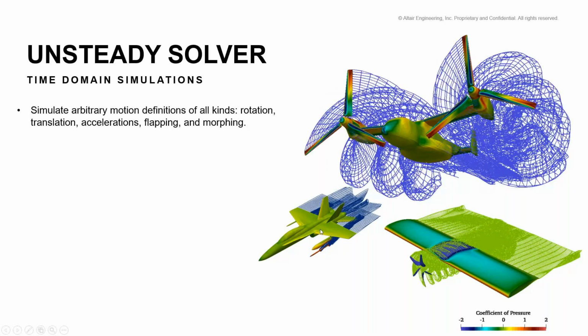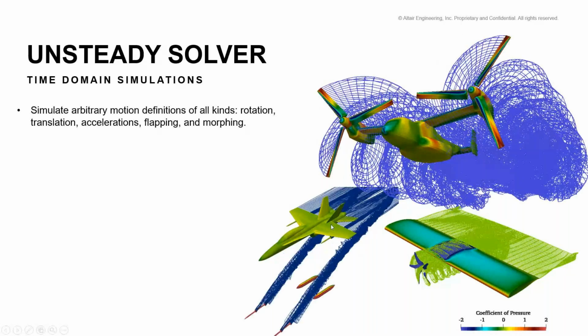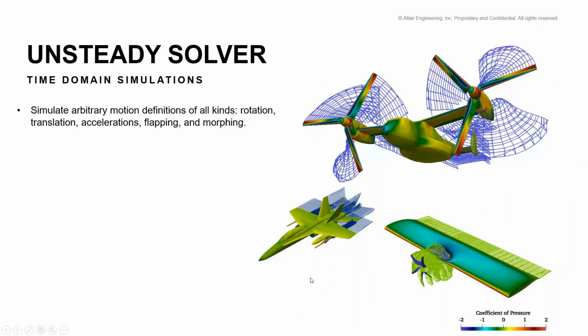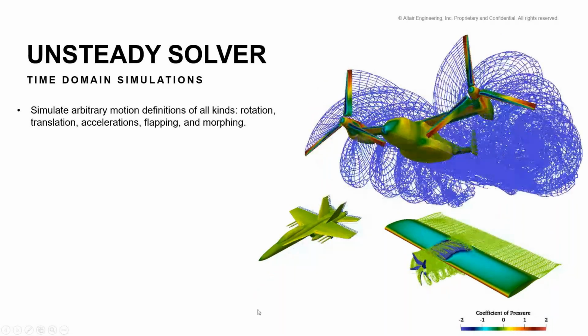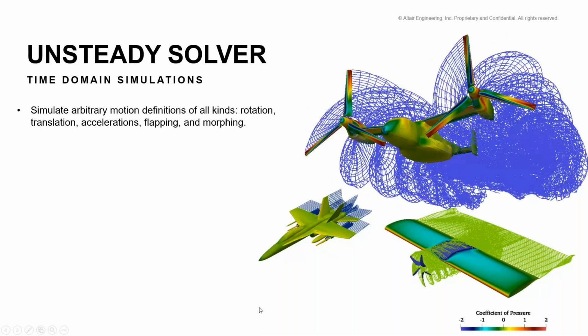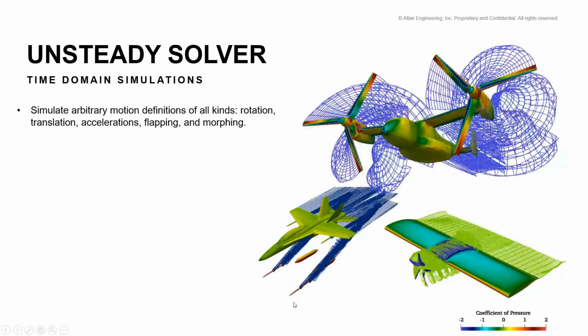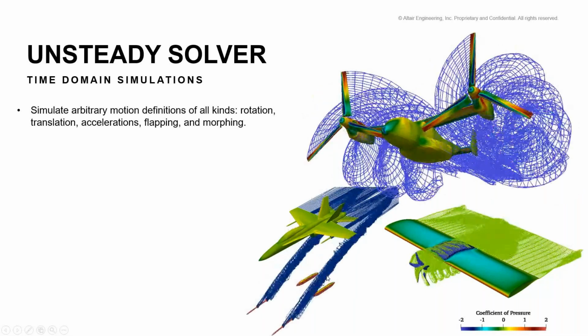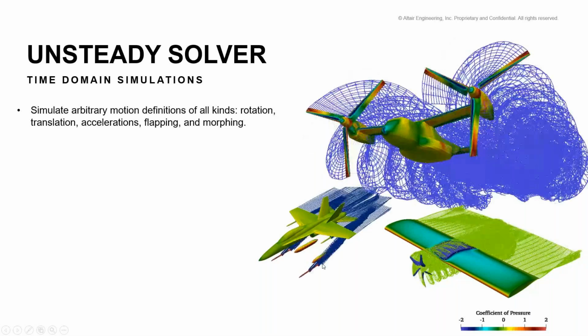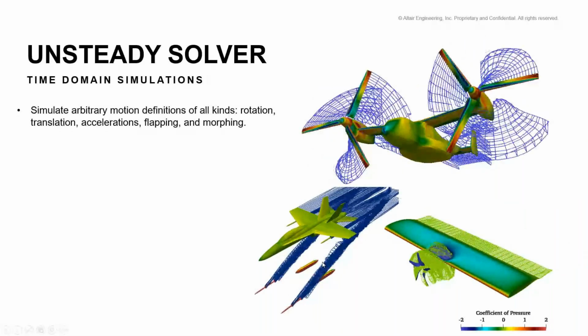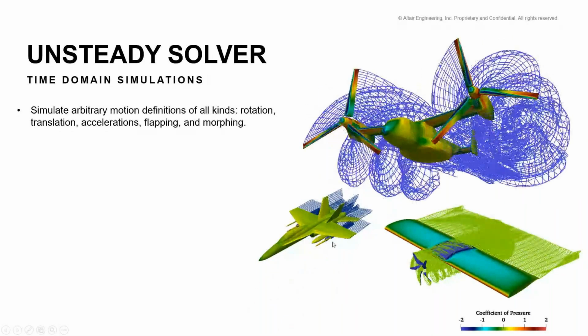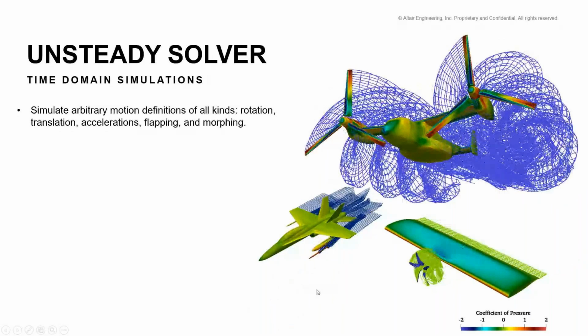You can see the store separation model right here, where we can add exhaust systems on the missiles as well. And you can see those wobbly movements. Generally, this cannot be captured with any kind of RANS model. Here you will be able to capture that wobbly motion of the missile.